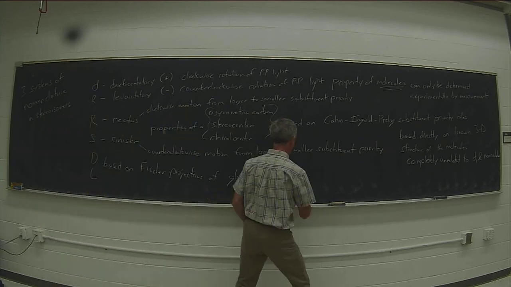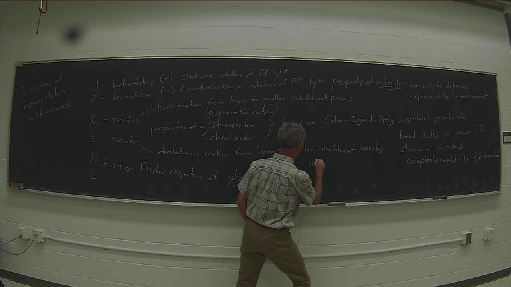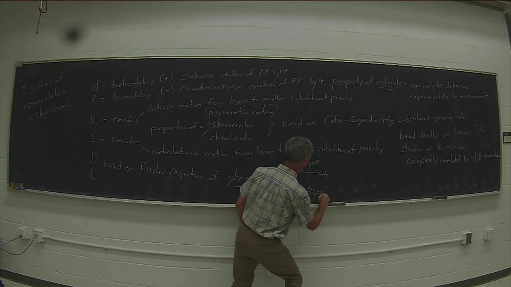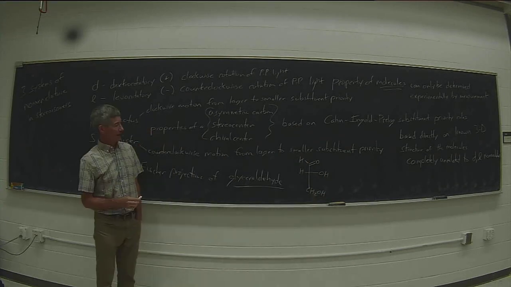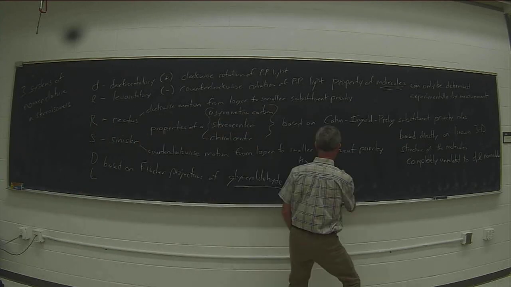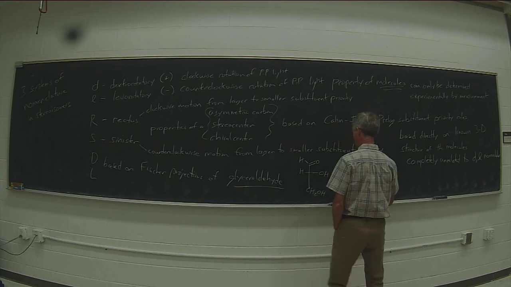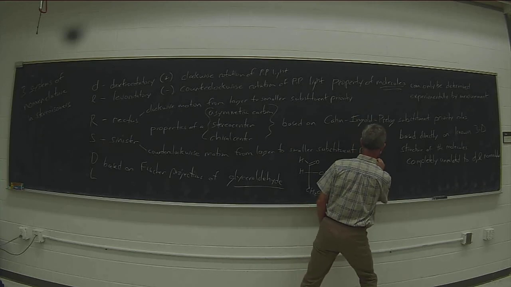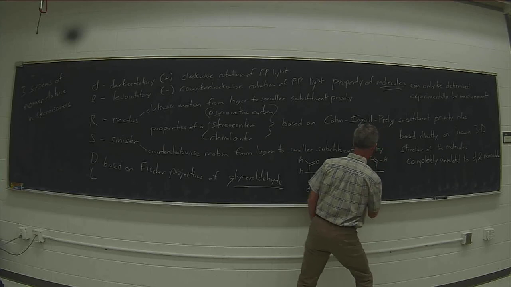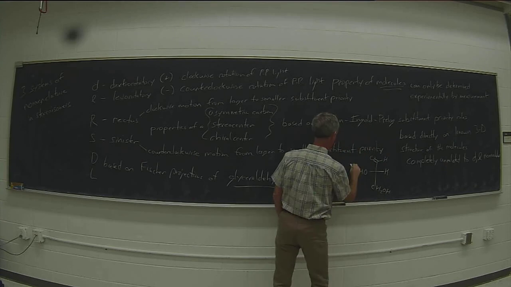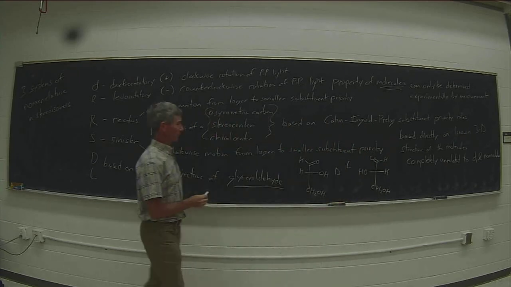So glyceraldehyde in its Fischer projection can look like that, where the OH group is on the right, and that is the D isomer, or it can look like this, where the OH group is on the left, and that is the L isomer.